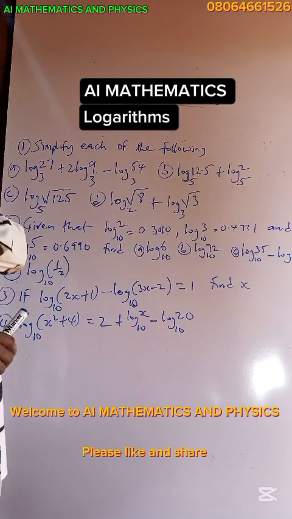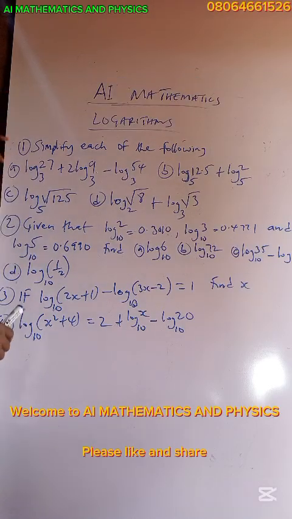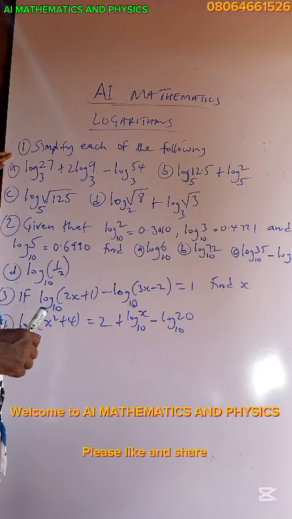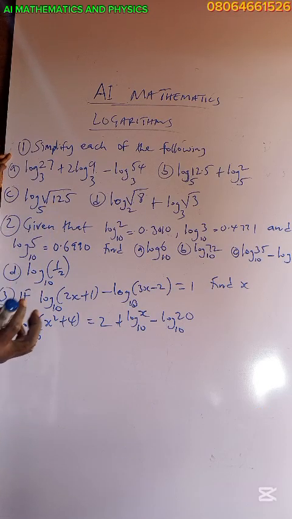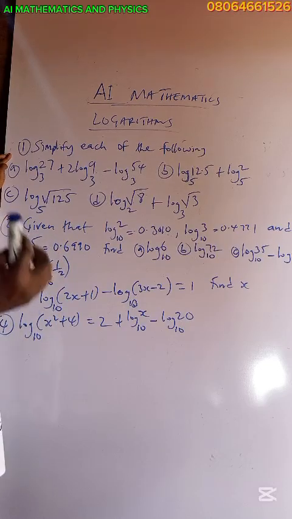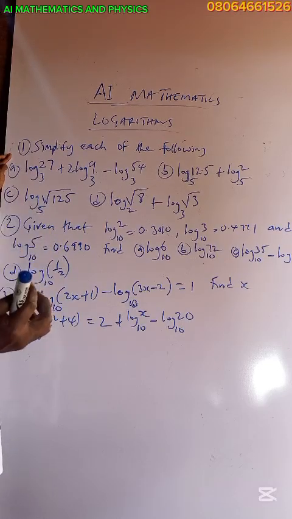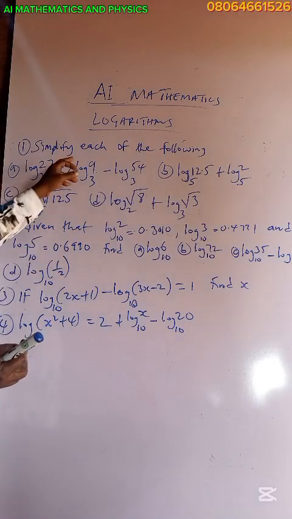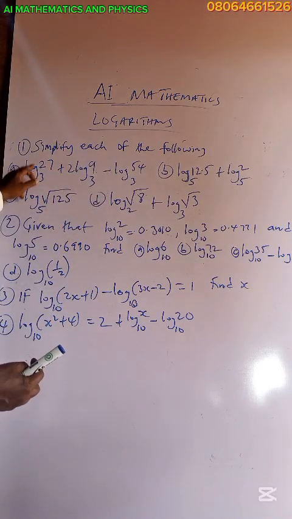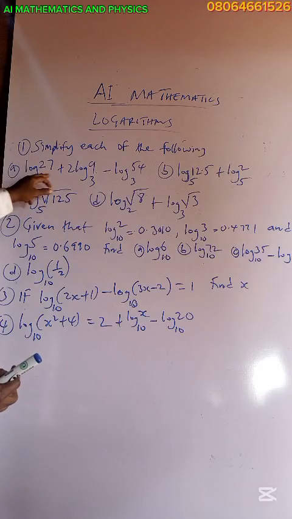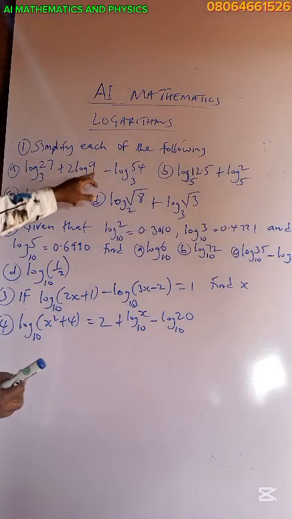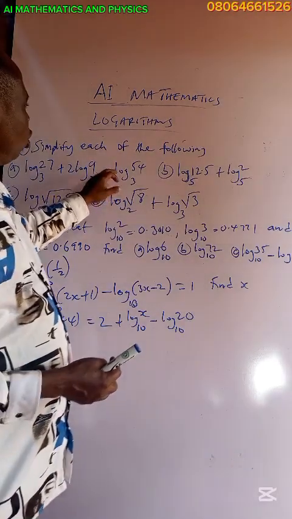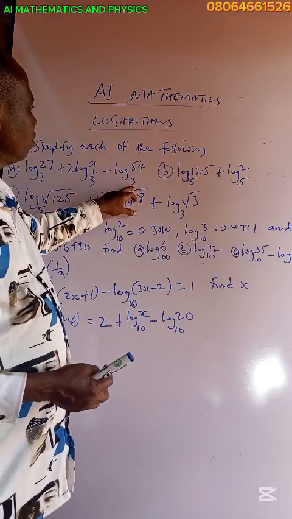This is a continuation of logarithm without the use of tables. We have been able to give you rules and laws that are involved in solving questions like this. Simplify each of the following. A. Log 27 base 3 plus 2 log 9 base 3 minus log 54 base 3.